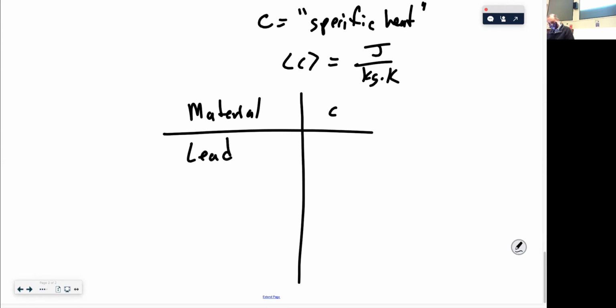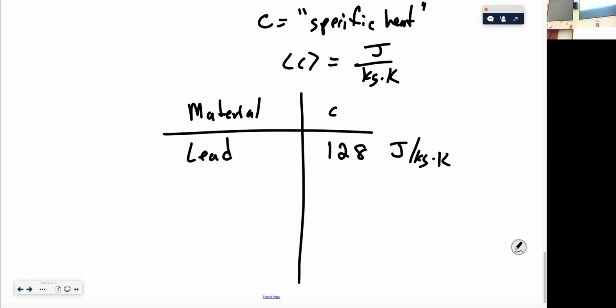Lead has a specific heat of 128 joules per kilogram Kelvin. What does that mean? It means if you have a 1 kilogram lump of lead, it takes 128 joules to increase the temperature by 1 Kelvin.